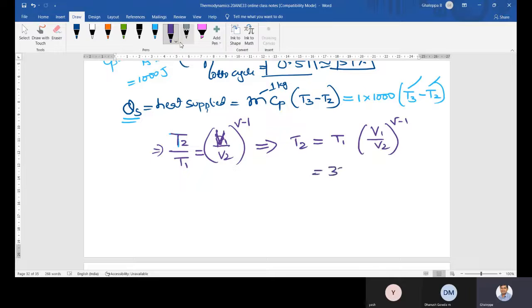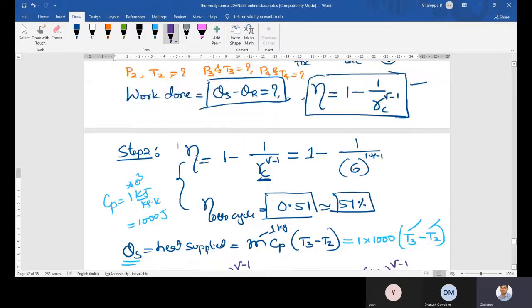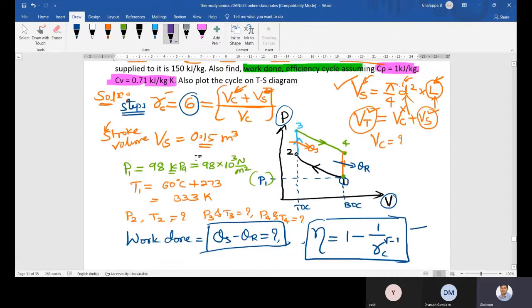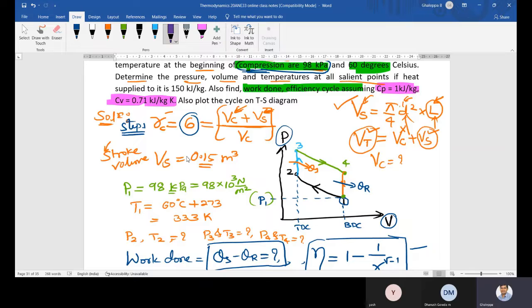T1 is 333. V1 is not given directly, but he has given indirectly the value of Vc and Vs, because point number 1 is the total volume.